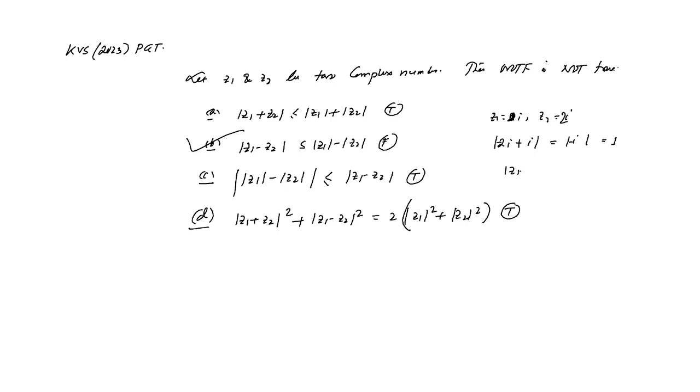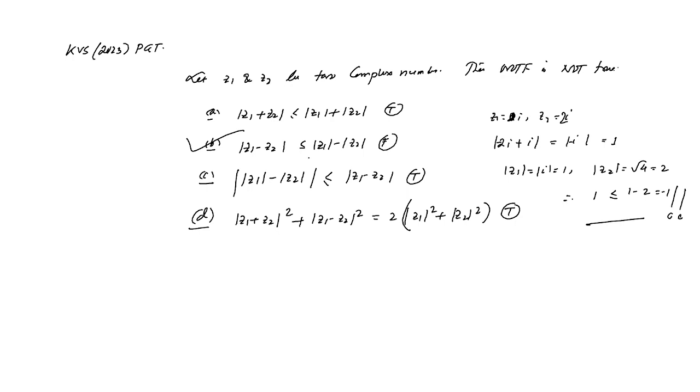But what about mod of z1? That is 1. And mod of z2 is root under 4, so this will be 2. So obviously here you will see 1 is less than or equal to 1 minus 2, that means minus 1. This is a huge contradiction, so obviously option B is false.